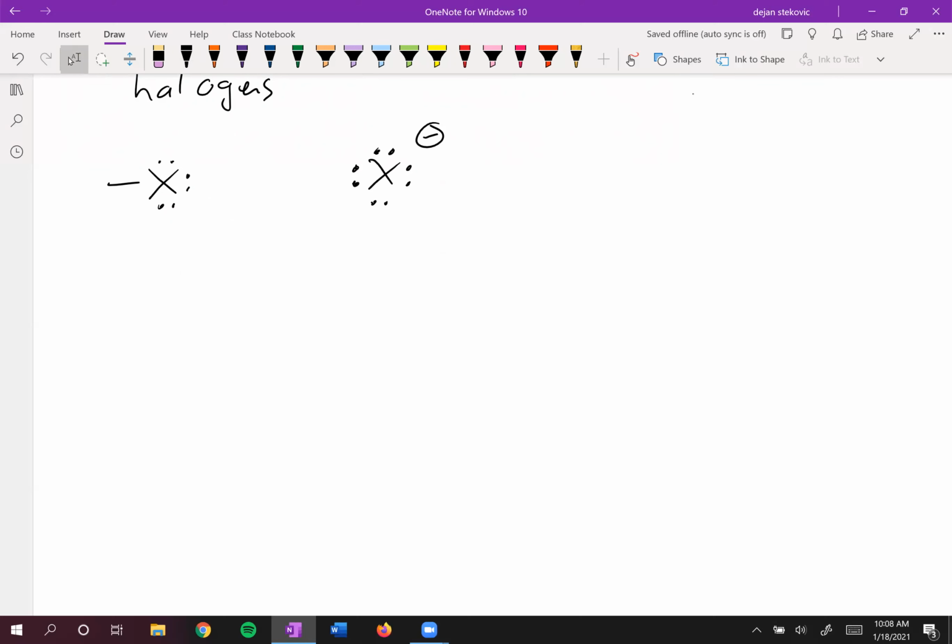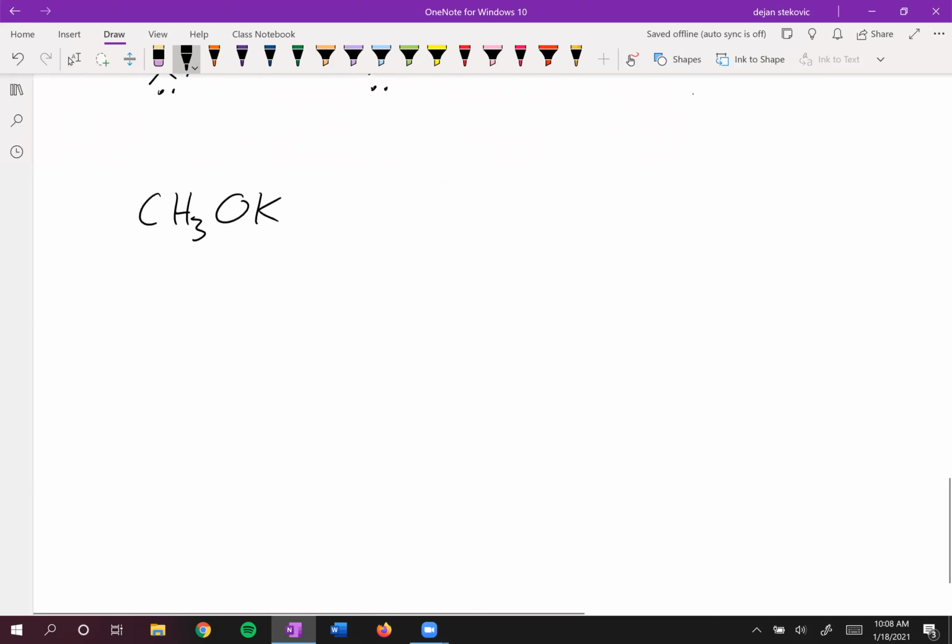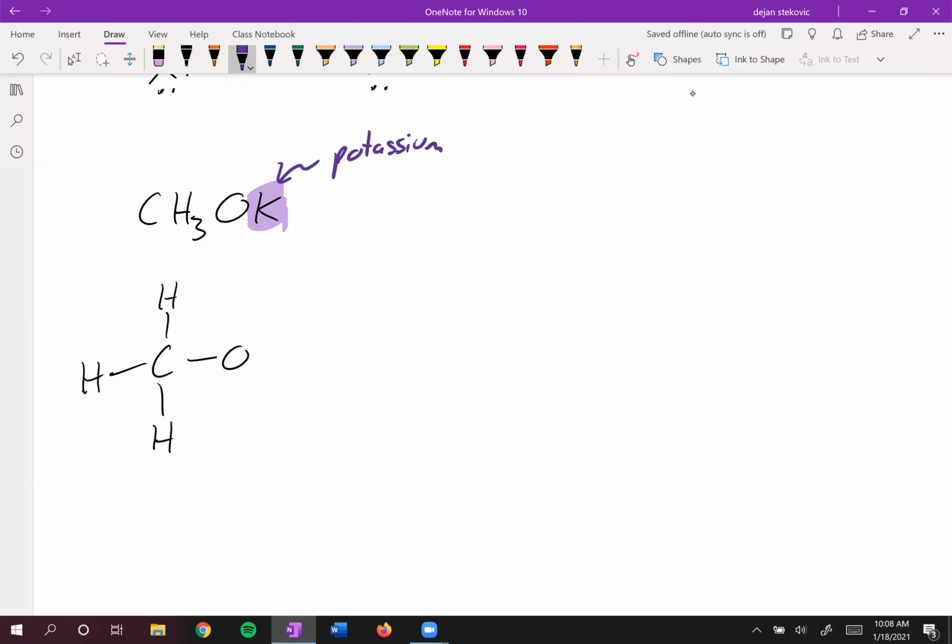In this case, we're going to have some formal charges here. So here we have CH3OK. So we have a CH3, right, our carbon with our 4 bonds connected to this oxygen. And then here we notice that we have K, which is potassium, which is obviously a metal.